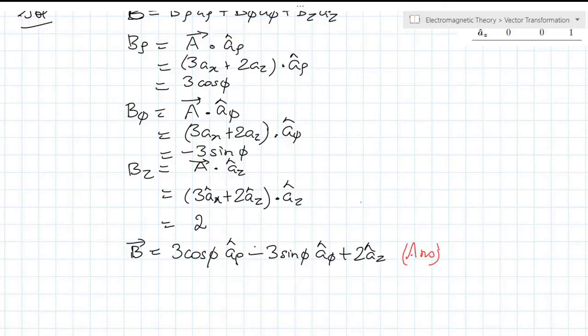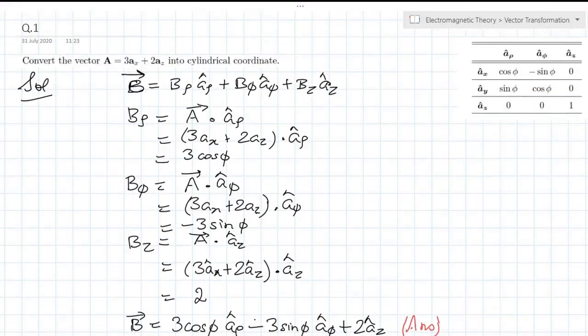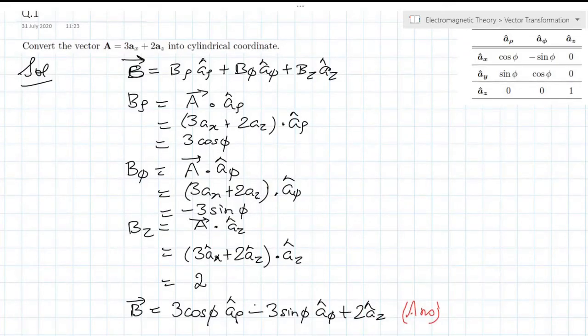So that is how you solve this simple question. The question asked us to convert a vector which was given in rectangular coordinates into cylindrical coordinates, and that's what we have done.